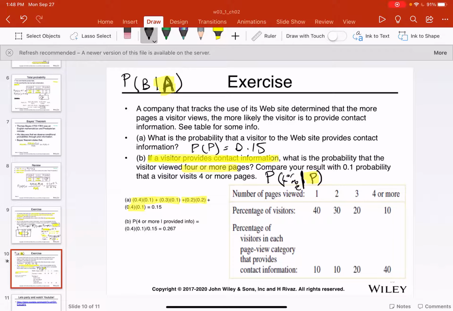So this is going to be equal to probability of providing given 4 or more, oh sorry, I already wrote the given part. So probability of providing given 4 or more times probability of 4 or more divided by probability of P. Right?